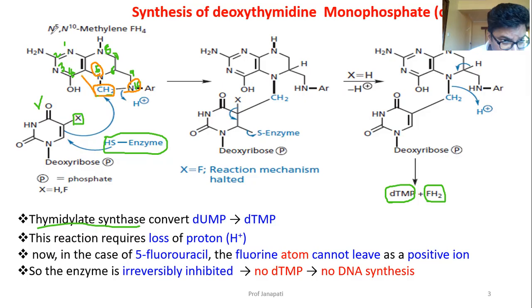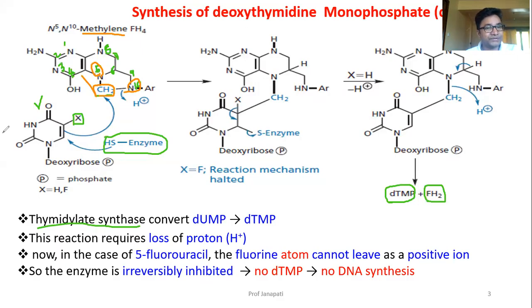That's why it is called N5N10 methylene FH4. AR means PABA and glutamic acid are associated. We just made it AR in order to fit into our slide.